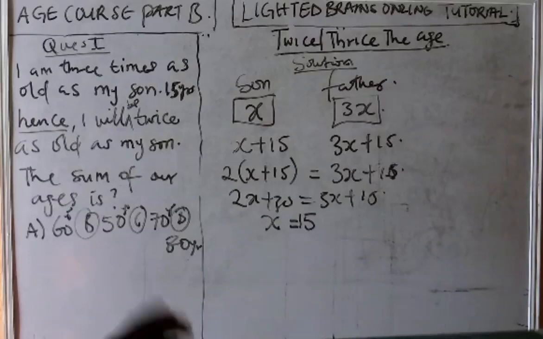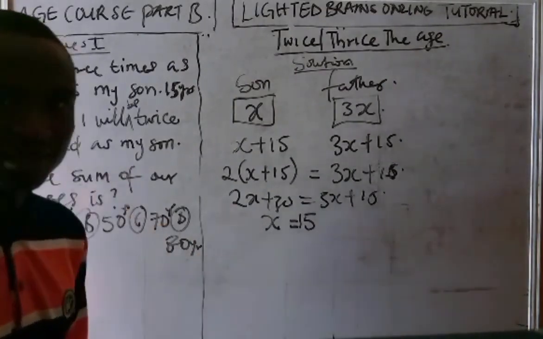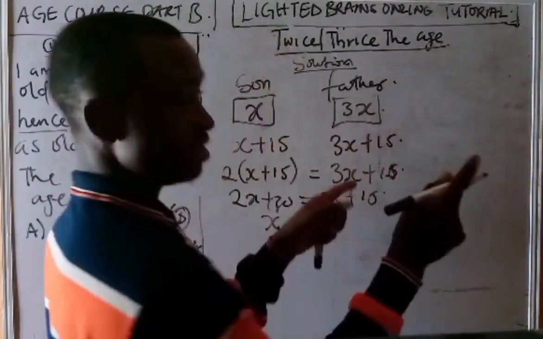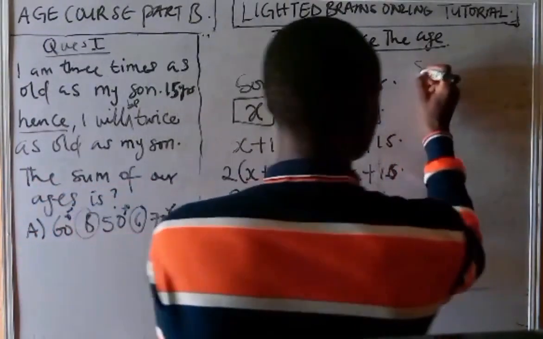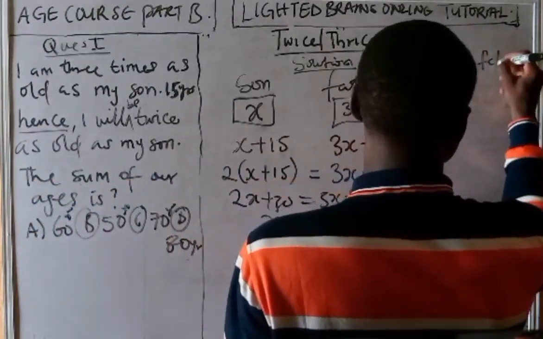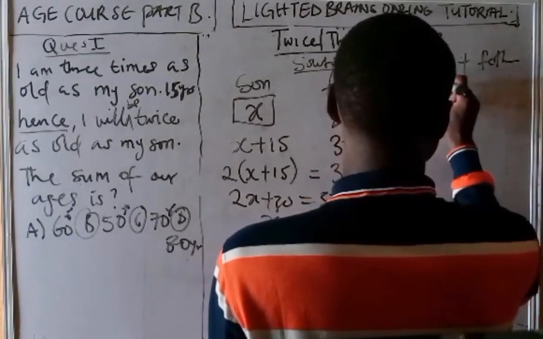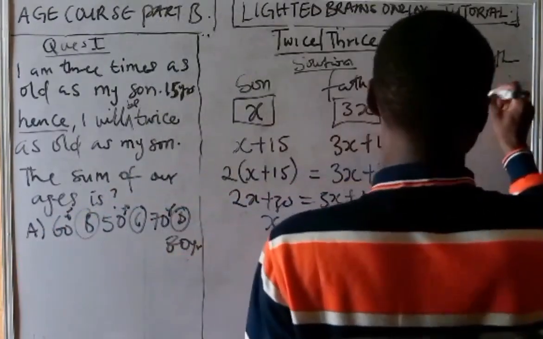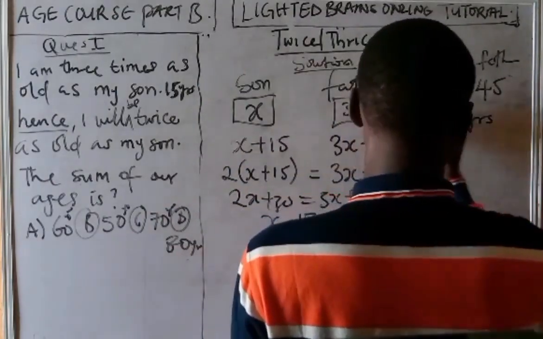Now the question is asking for the sum of our ages. Since the son's age is x, and I found x as 15, the son's age is 15, plus the father's age, 3x. 3 times 15 gives us 45. 15 plus 45 gives us 60. It's 60 years.